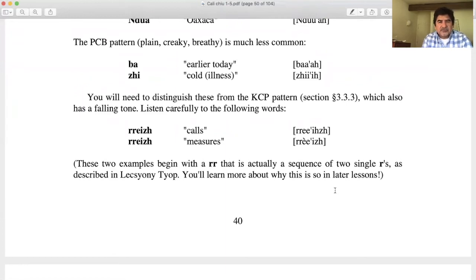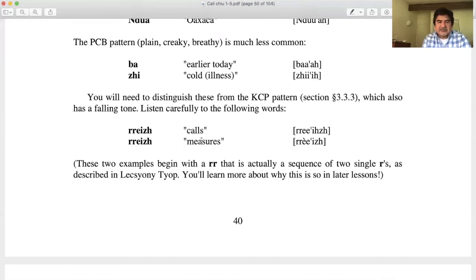So calls, reish. Okay, and then we have the next word, which is spelled the same, right? But it's pronounced differently. So measures, like reish. So remember, guys, that in Zapotec we always write the two R's at the beginning of the word, which means you pronounce it with a double R, like in Spanish.